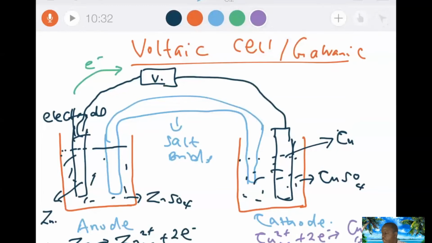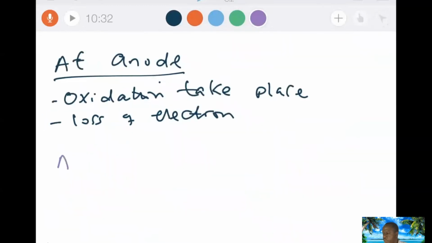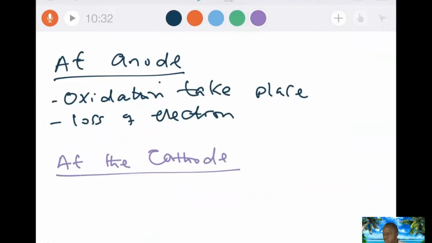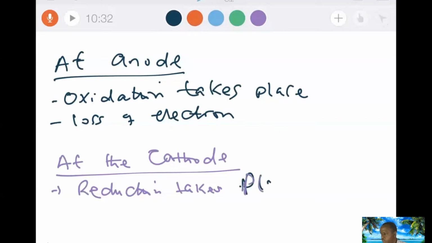So at the cathode, this is where reduction takes place.